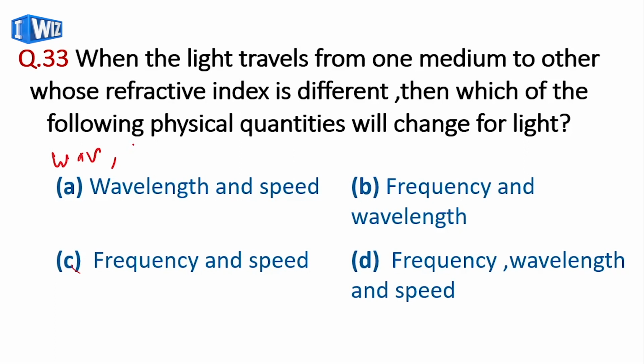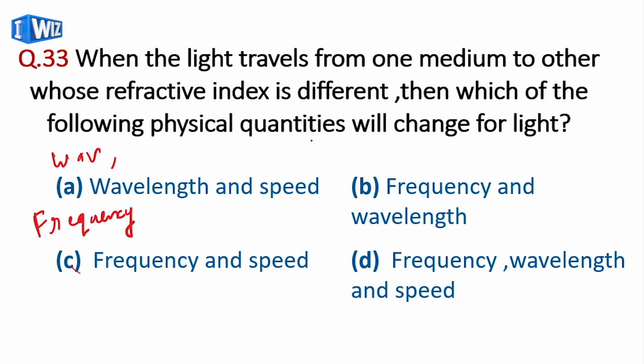So many atoms, so many particles will come in the path of the ray of light, and that's why the speed will vary and the wavelength will also vary. So what stays the same? Only frequency. So frequency will stay the same.